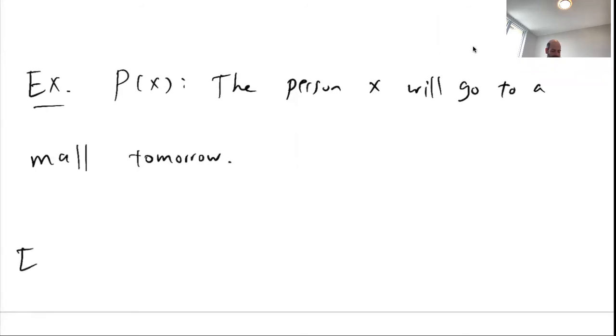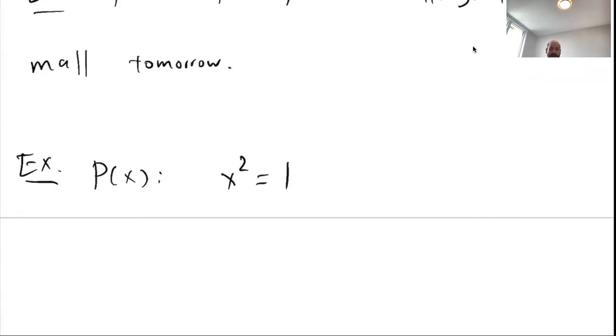Now again, this sentence could be true for some certain people and false for some certain people. Or another example, let's say P of X could be X squared equals 1. Or it could be X squared bigger than 1.